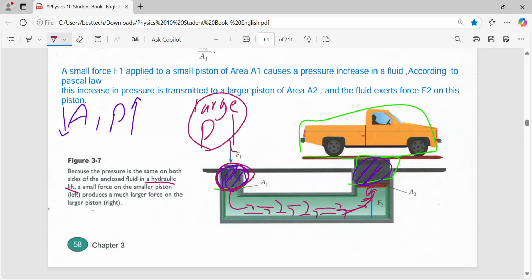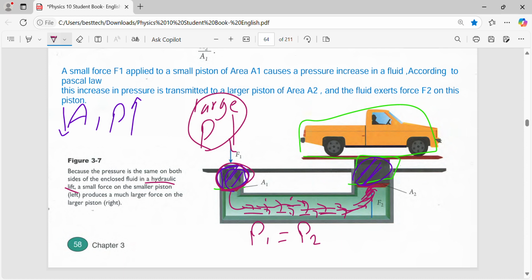The first pressure that we get was a large pressure, and when it gets to the second piston it is still large. So inside the container, no pressure is lost. What that means is the pressure in the first piston is equal to the pressure in the second piston. So both pressures on the different pistons are equal.